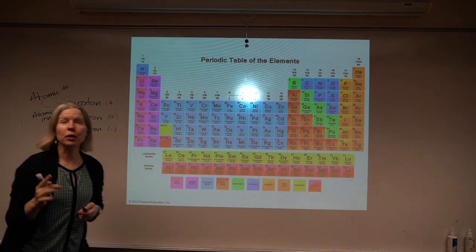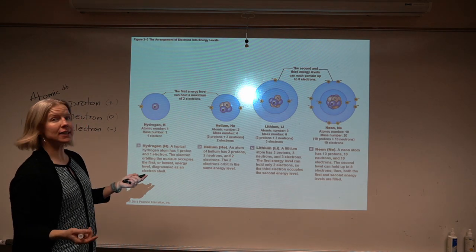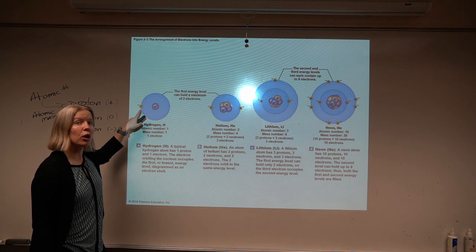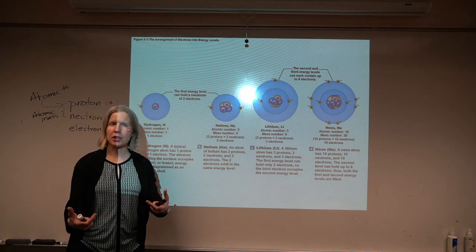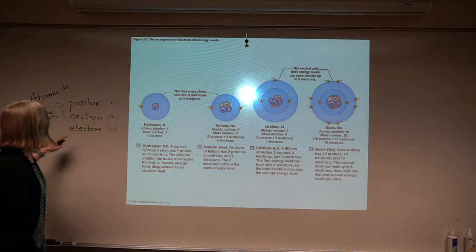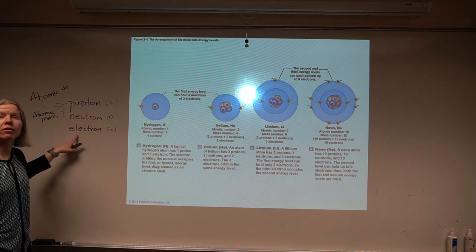Now, a couple hints for you. Typically, what we're going to see is that an atom has the same number of electrons as it does protons. Typically, when we talk about an atom, we think about it being neutrally charged. So if you know the number of protons, you basically know the number of electrons.